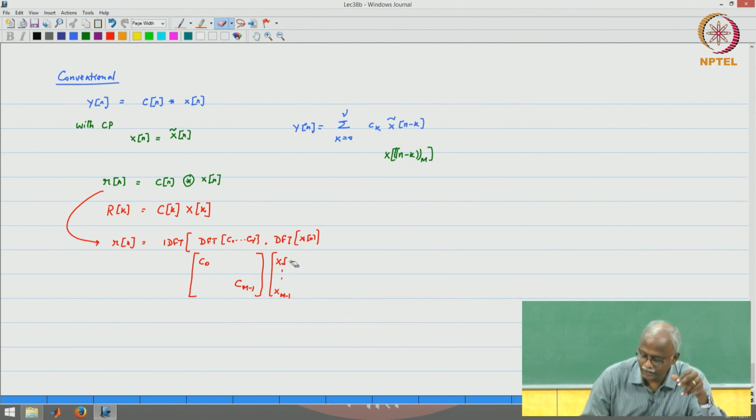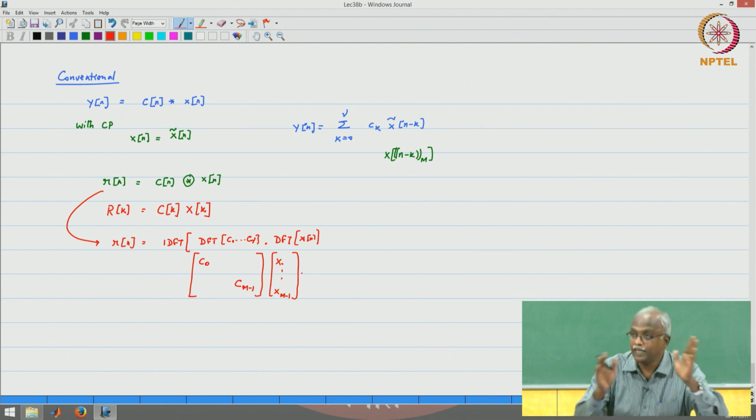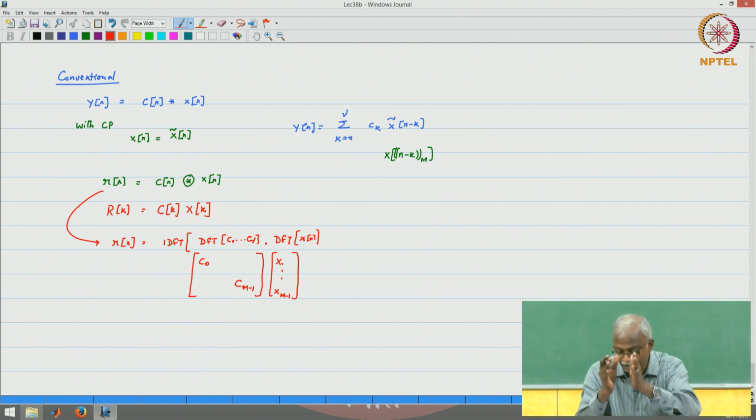Again, I am just quickly giving you the flavor of the conventional approach. This is what you would have done to capture the circular convolution.